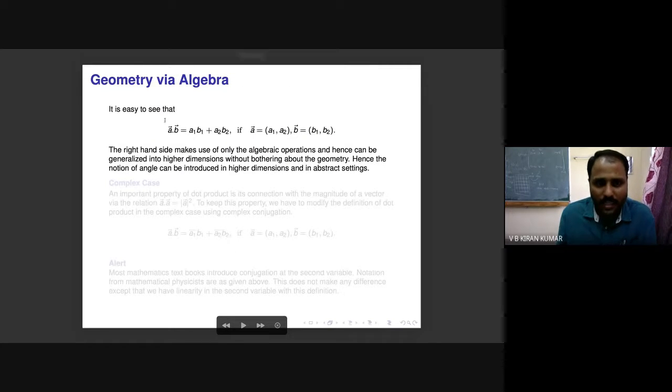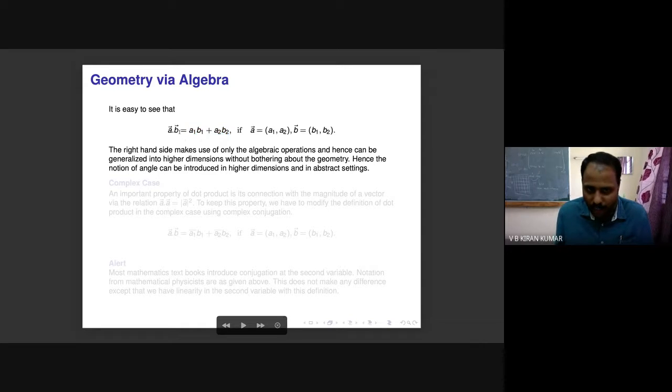Now, regarding the dot product, you have another way to compute it. If A equals this and B equals this, then A dot B is A1 B1 plus A2 B2. Remember, this does not make use of any angle. On the right-hand side, you only have an algebraic identity. So without bothering about the geometry, you can write the dot product.